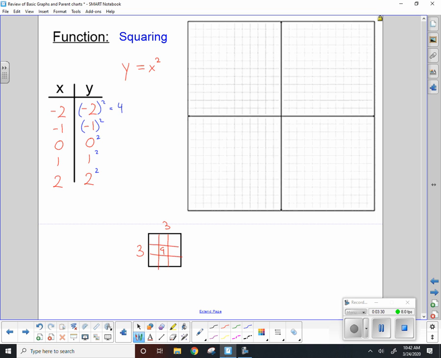Right? So we end up with 4, 1, 0, 1, and 4. Okay. So when I graph those, it's going to look a little different. So -2 is going to come up to 1, 2, 3, 4. -1 to +1. 0 is still at 0. 1 is at 1. 2 is at 4. And I get this curve that we call a parabola.